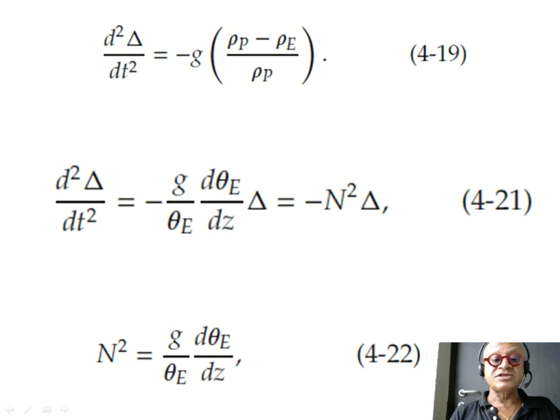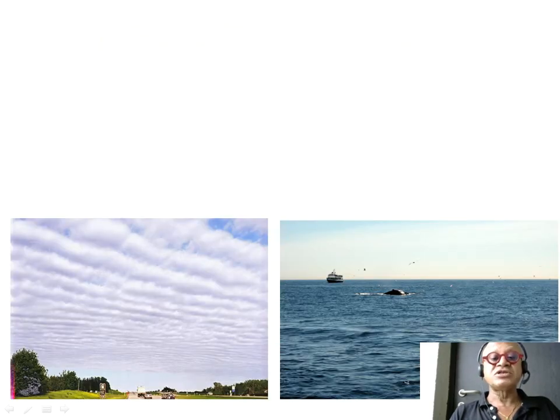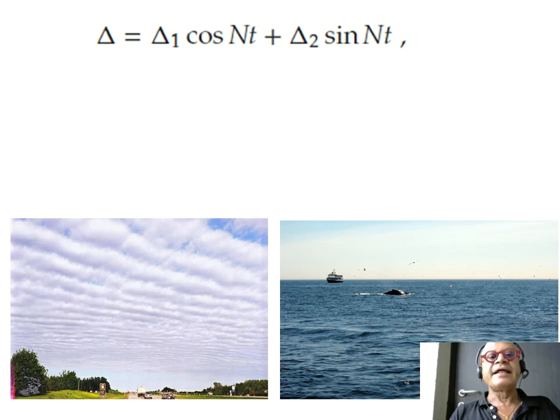So N squared is g over theta E d theta E dz, has the units of frequency, and you can expand the displacement delta in terms of cosine Nt and sine Nt, because oftentimes the movement can be along a slope. Okay, so those are the examples of gravity waves.